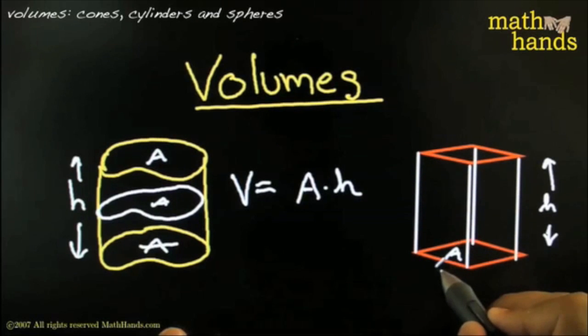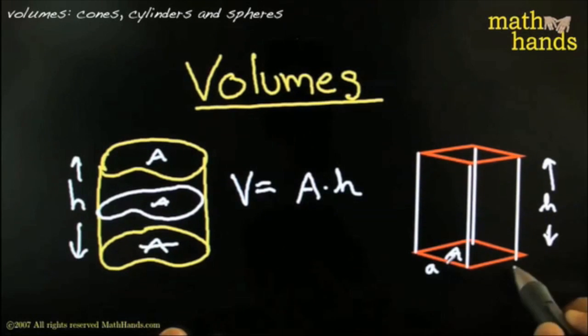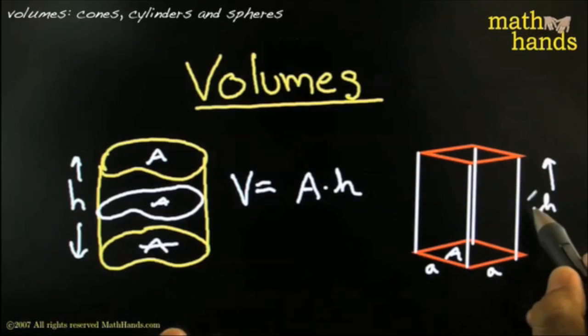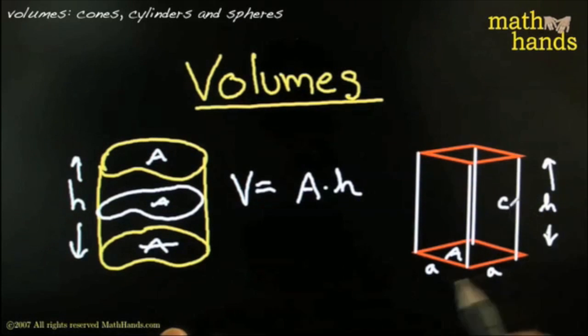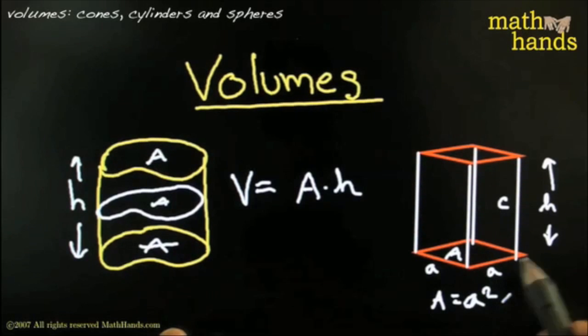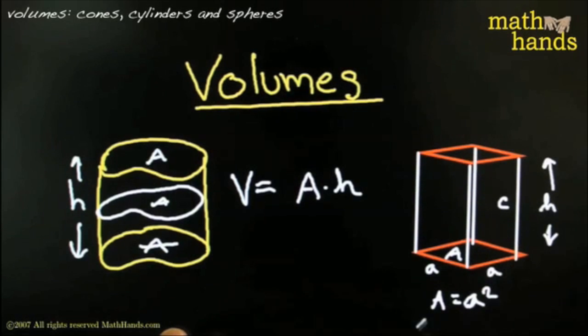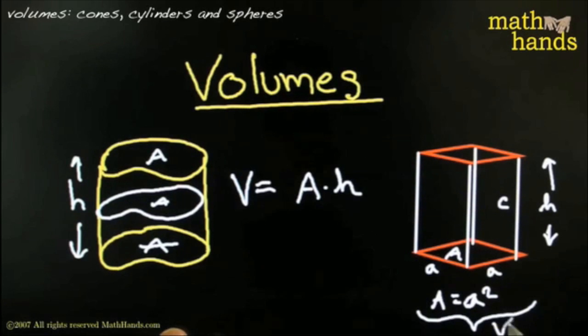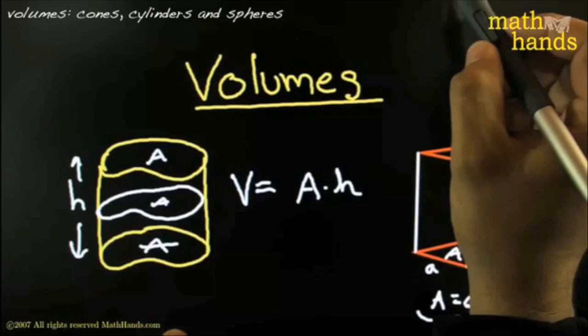So for this case, if this side is say A, and this side is also A, the area on the bottom would be a square. And so the height is H, and so the volume for this particular one would be area times the height, which is equal to A squared times H. There you go.